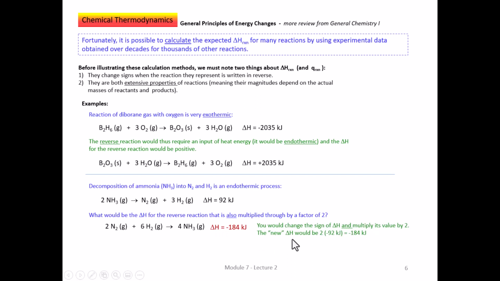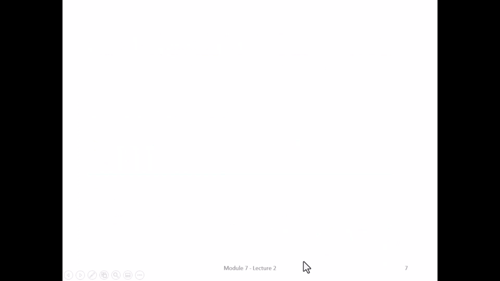The new deltaH would be 2 times minus 92 kilojoules, or minus 184 kilojoules. Well, you might ask, this is nice, but how does it help us calculate the expected deltaH values for reactions which we are not able to or don't want to measure experimentally in the laboratory? Well, let's find out.